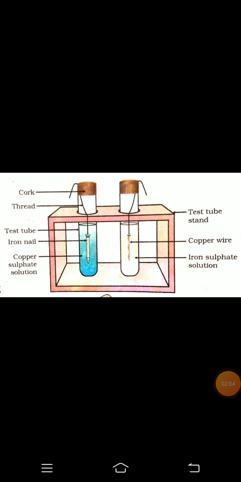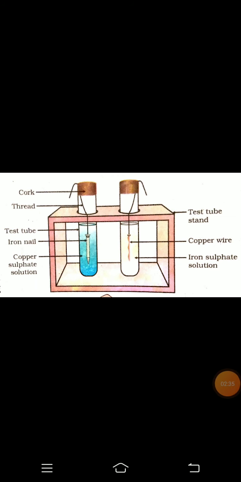We learned a similar example when we were learning displacement reaction in chapter number 1. Here also a displacement reaction has taken place. That is why copper sulfate solution becomes green, whereas the iron nail gets a coating of brown color.